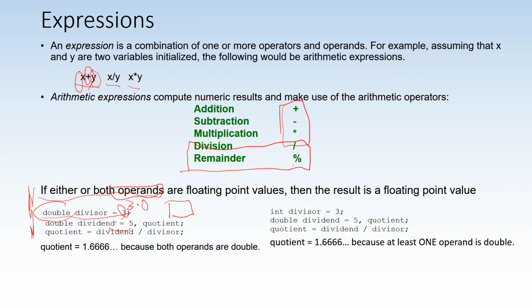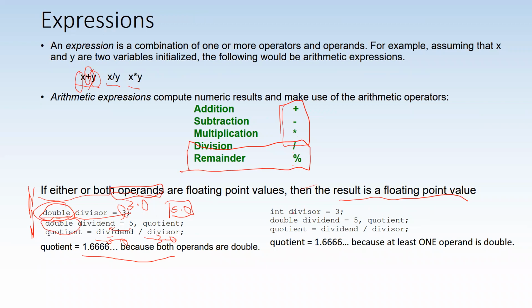And quotient is equal to dividend divided by divisor. So dividend is 5.0 and divisor is 3.0, and that will give you 1.6666, etc. Why? Because both of them are double, the result will be a double. That's what this means.